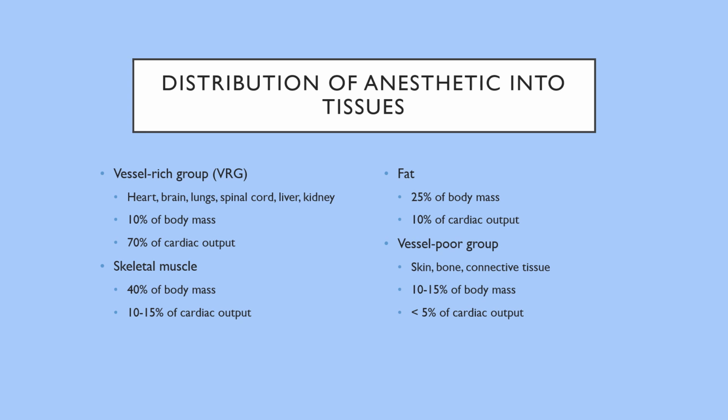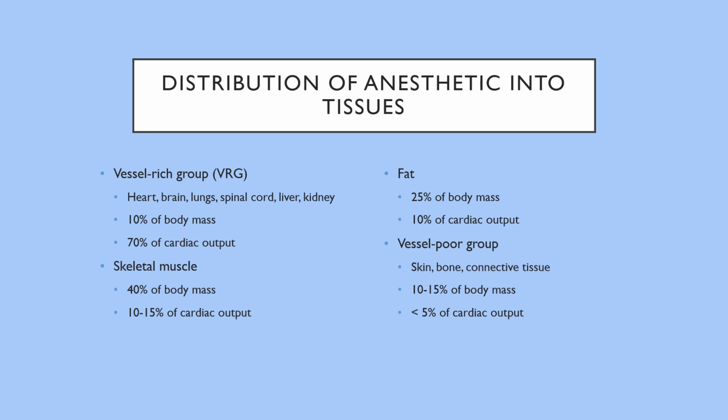After the uptake of anesthetic gas into the pulmonary circulation, that gas is distributed to various tissues throughout the body. The first one we'll talk about is the vessel-rich group, which is the heart, brain, lungs, spinal cord, liver, and kidney. It comprises about 10% of the body mass, but it has 70% of the cardiac output.